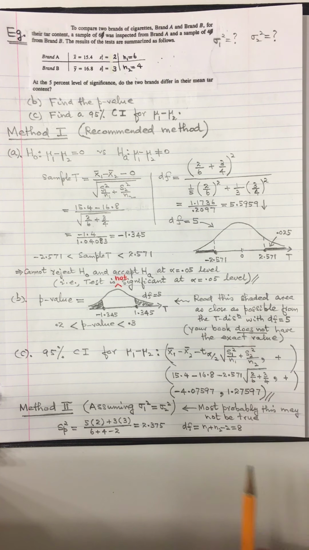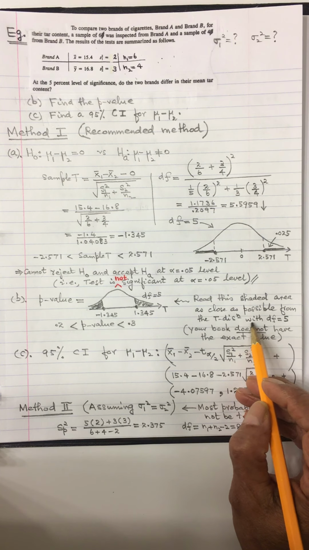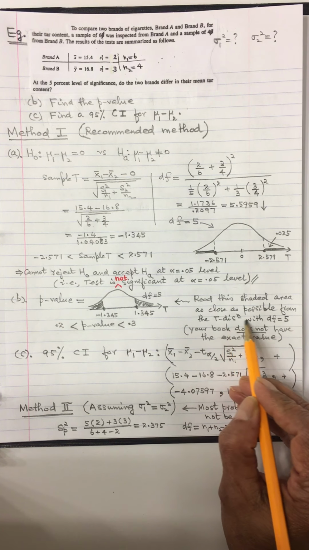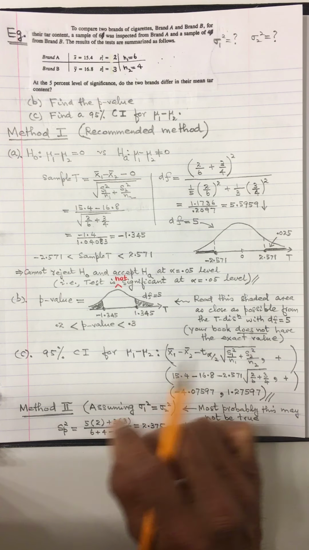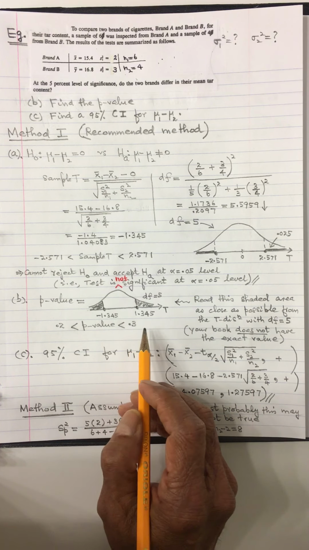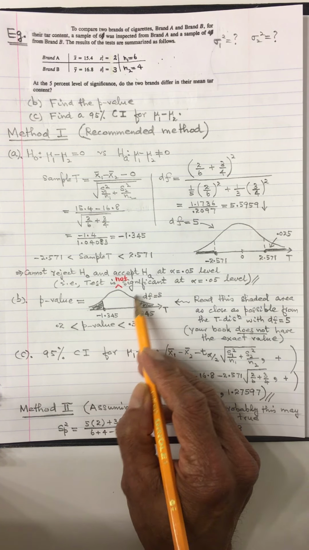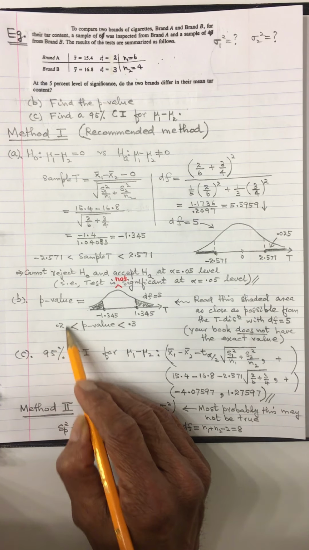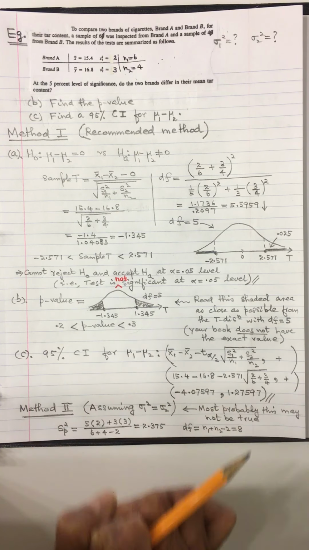You need to read your T table as close as you could from the T distribution with this many degrees of freedom. You already know how to read the T table. Read it as close as you can. This part is going to be half of that and half of that in between those two values.